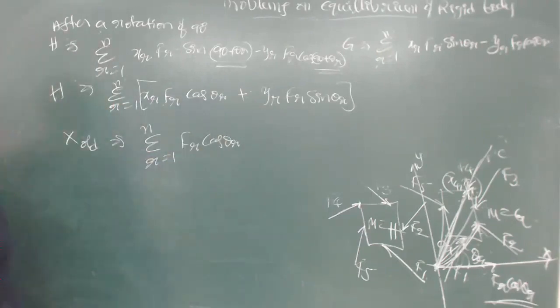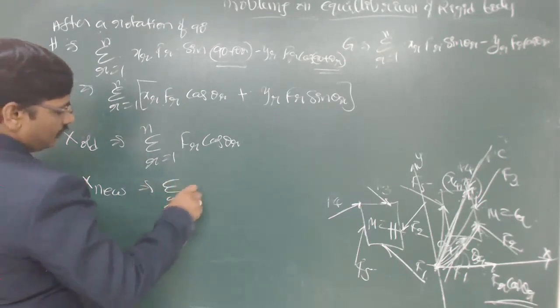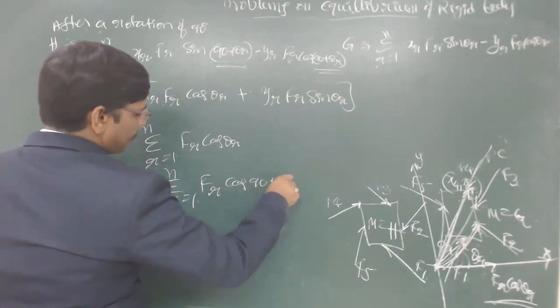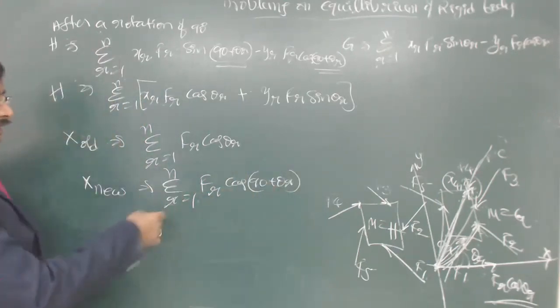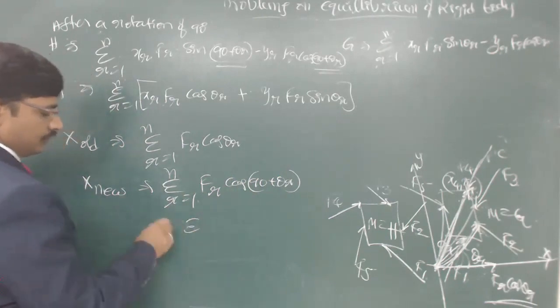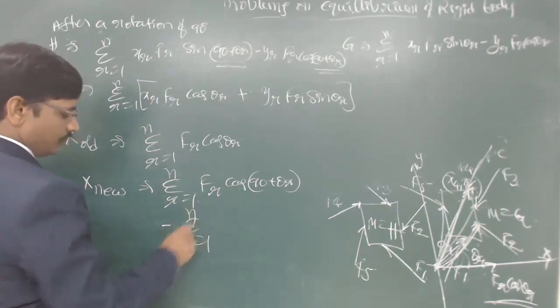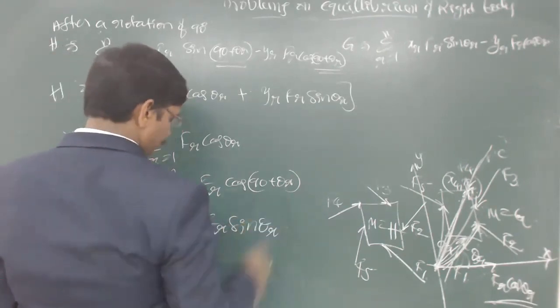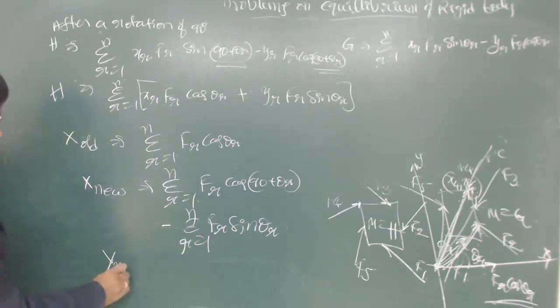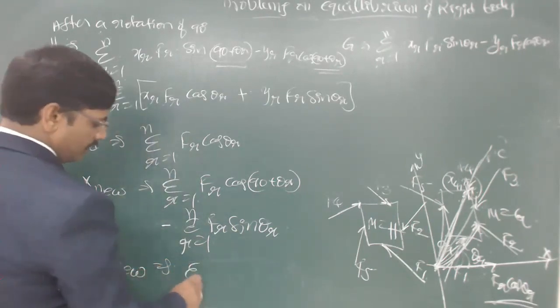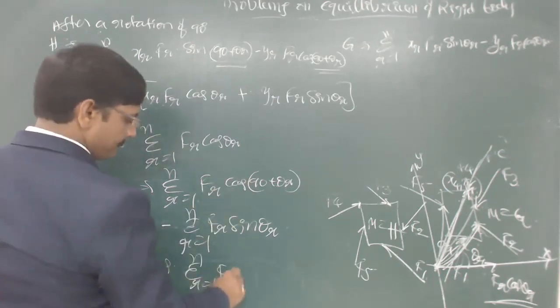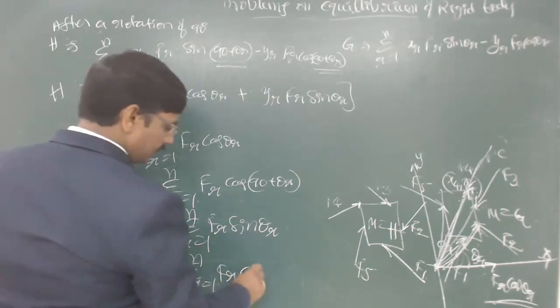Now after rotation of 90 degrees, x new is going to be sigma r equal to 1 to n, fr cos of 90 plus theta r. So cos of 90 plus theta r is minus sin, so minus sigma r equal to 1 to n, fr sin theta r. Similarly, y new is sigma r equal to 1 to n, fr sin of 90 plus theta, which is cos theta r.